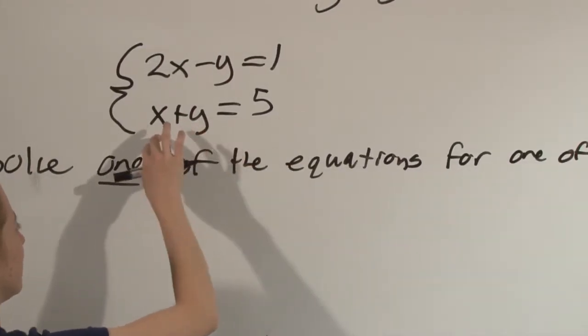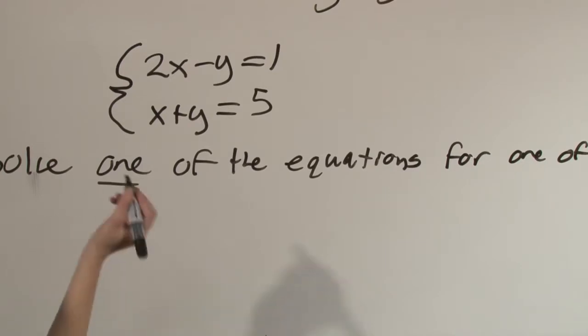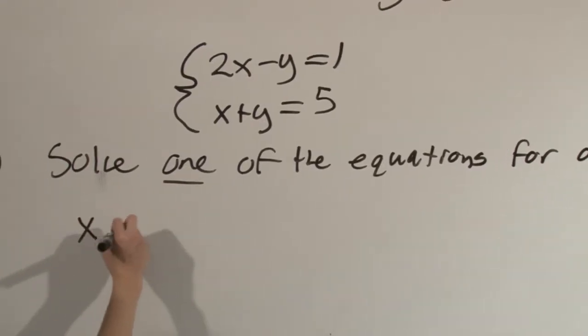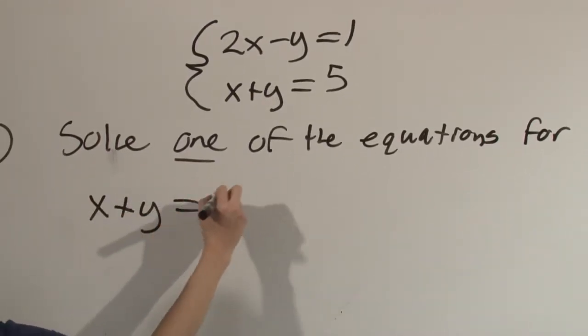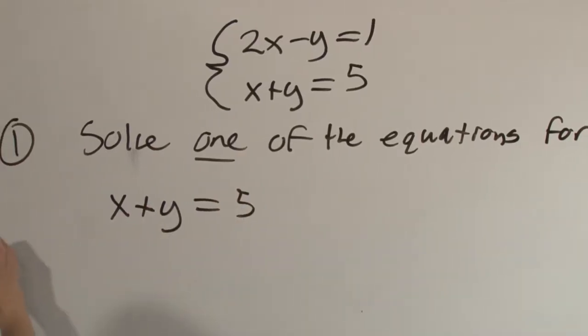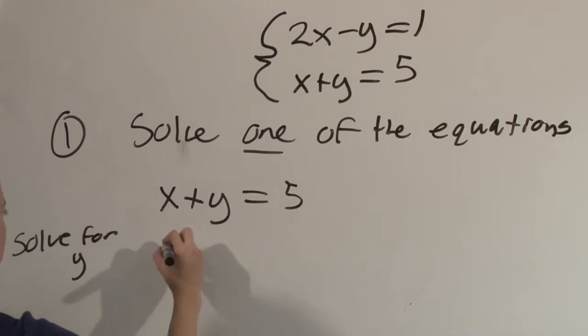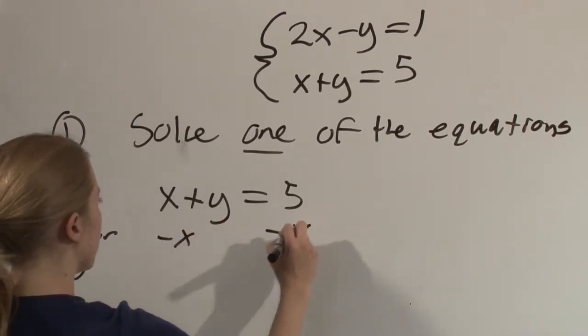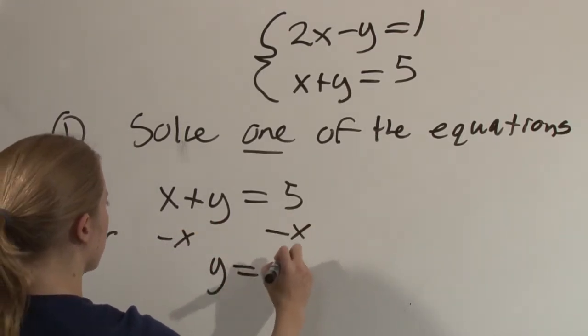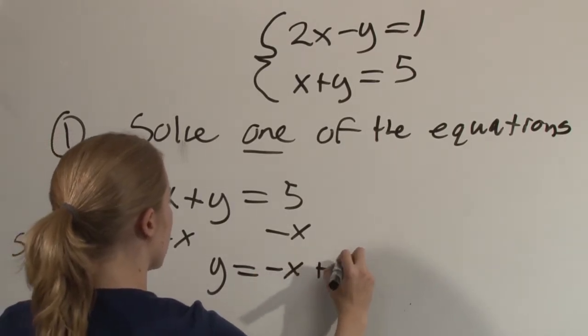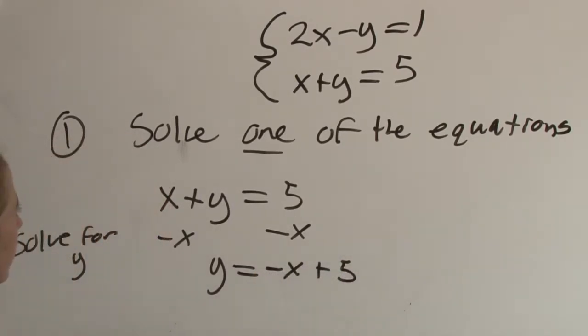It looks like it would be really easy to solve it for x or y. So I'm going to take that equation here, and I'm going to solve for y. I could have just as easily solved for x, but I had to pick one of them.